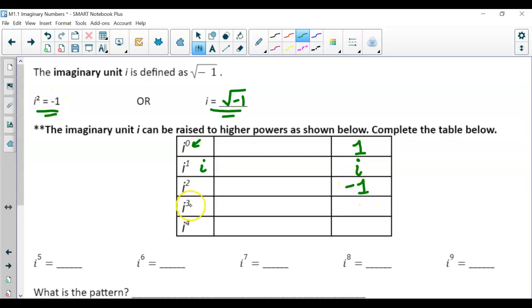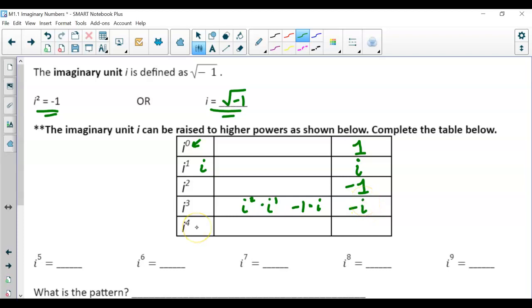Now, i to the third is i squared times i to the first, if I wanted to break it apart. What's i squared? -1. Times i to the first, which is just i. So -1 times i is -i.